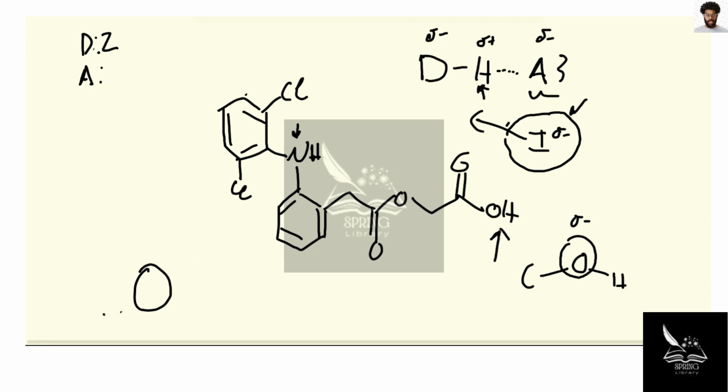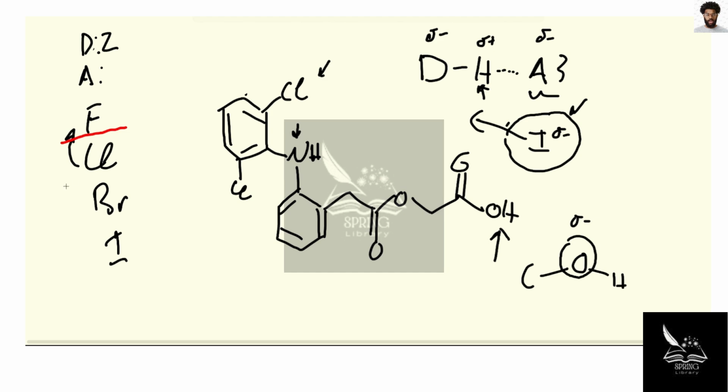Chlorine's about the cutoff for that. So if you find in your class that you do treat chlorine as a hydrogen bond acceptor, that's because compared to all the other halogens like bromine or iodine, chlorine is maybe the smallest without being fluorine. That cutoff is usually put here or here, depending.